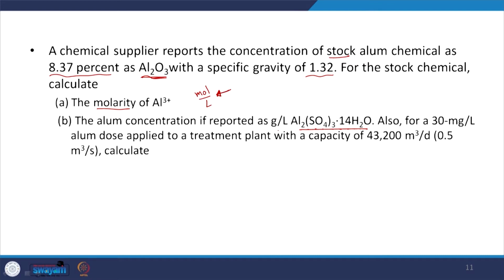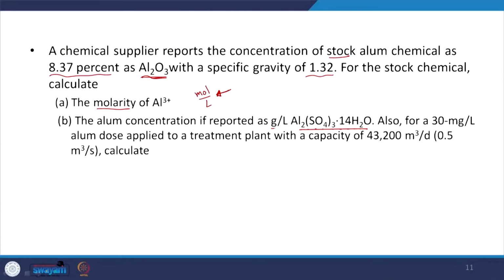Some people would prefer it to be expressed in terms of alum, as in people who are working with mostly engineering applications. They do not want to look at what is the Al3 plus free metal concentration, what is the Al3 plus that is precipitating out. They just want to look at how much alum do I need to add if I want to achieve my level of coagulation and then flocculation, right.